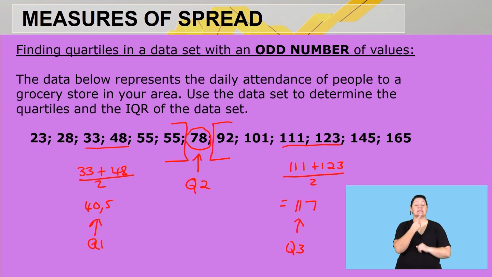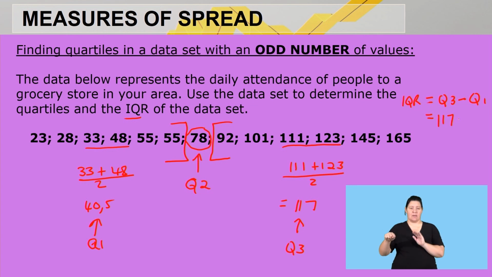Then lastly, I said you must also determine the interquartile range. I will do this here in the right-hand corner. So IQR equals Q3 minus Q1. Now it's only a matter of substituting. What is the value of Q3? We said Q3 equals 117, minus the value of Q1, which is 40.5, 40 and a half.